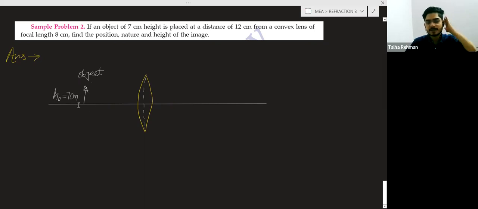We can take the negative 7 also, because your object is above the principal axis and you are measuring the distance in this direction. Suppose your object is placed like this, then in that case you will take the height of the object as -7 centimeter. But your object is here, so you are taking +7.